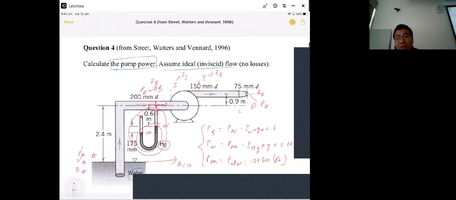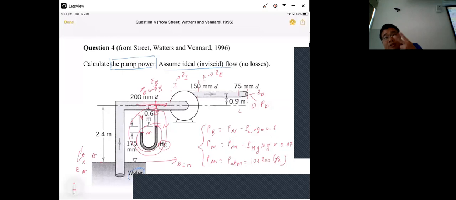Because PM equals atmospheric pressure and PN equals PM minus rho mercury g Z, 0.175. PM is higher than PN because M is below N. Okay, and PN is higher than PB. PB will be equal to PN minus rho water gravity times 0.6. So from this one you can find PB.